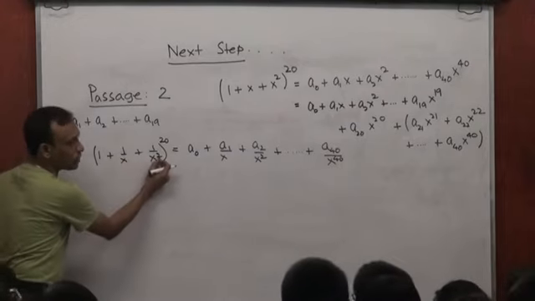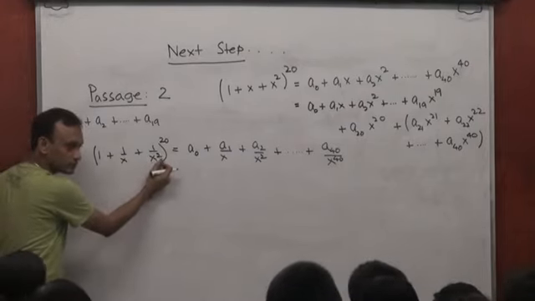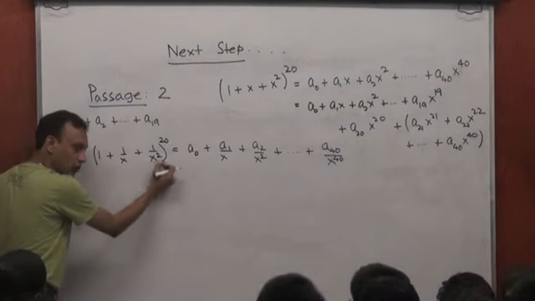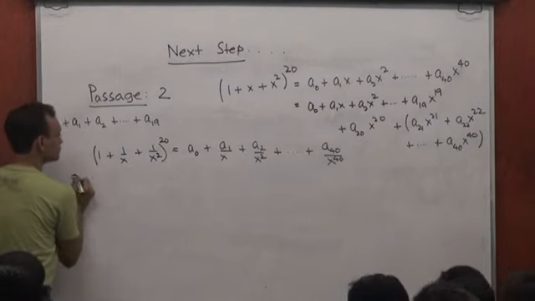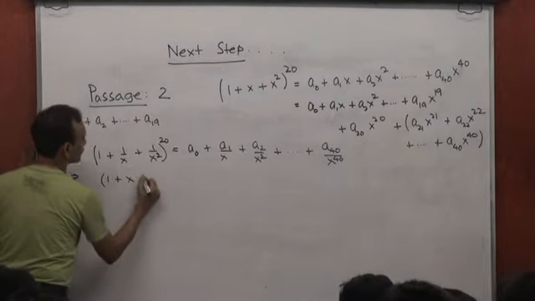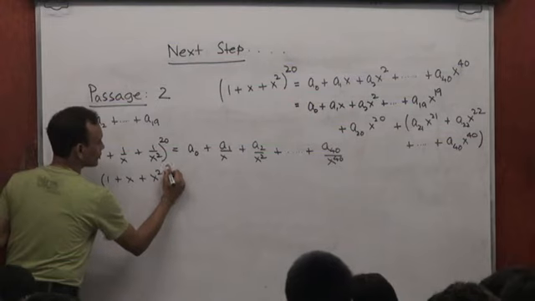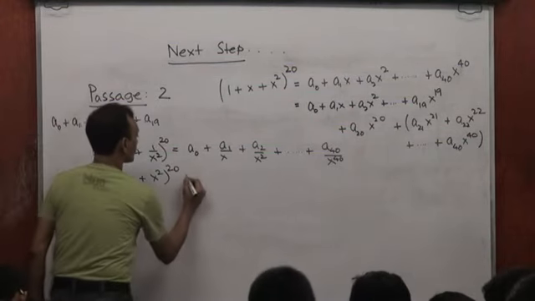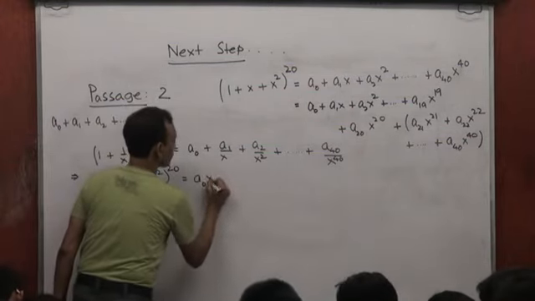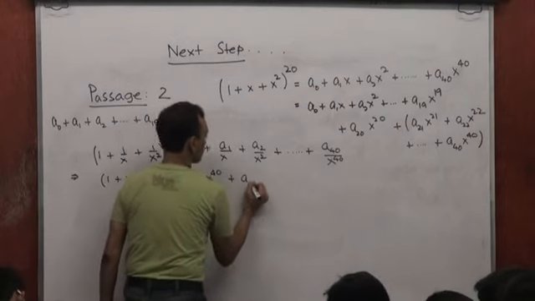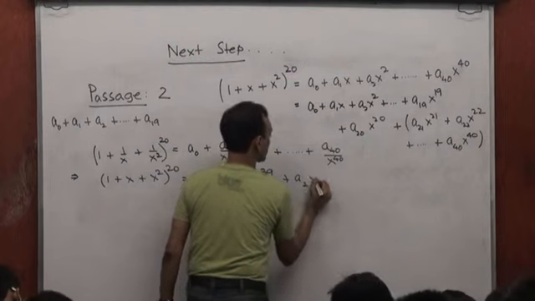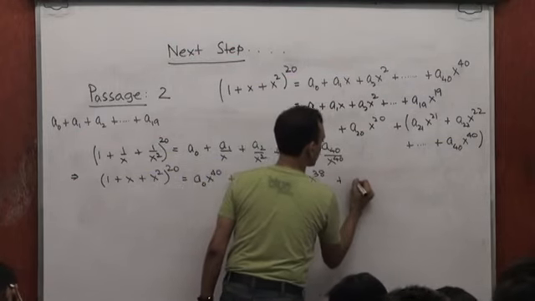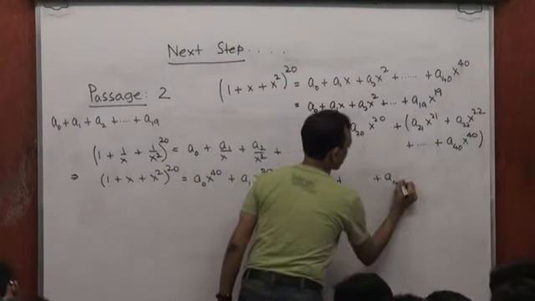On multiplying throughout by x^40, multiplying throughout by x^40, ... A40.